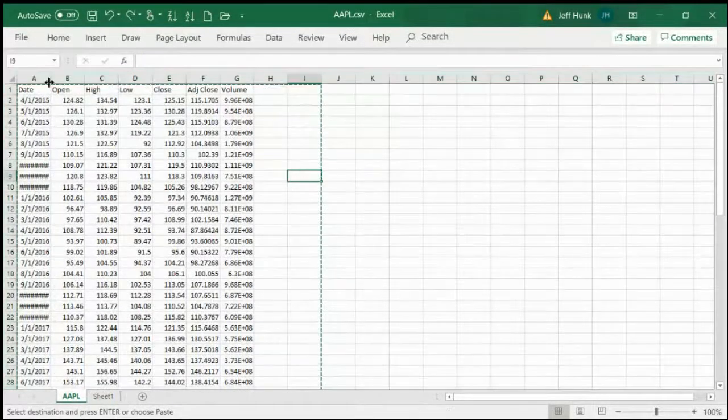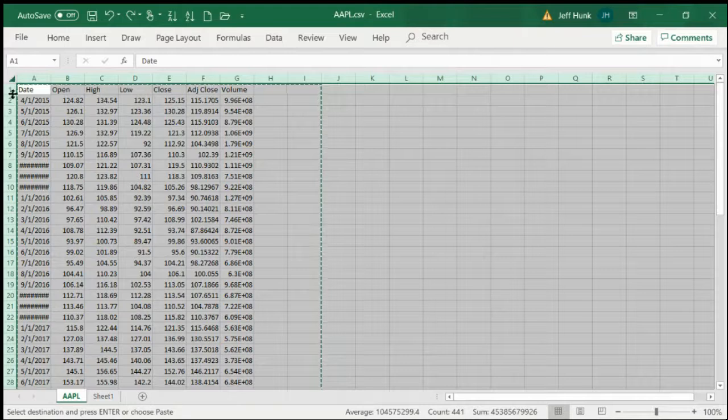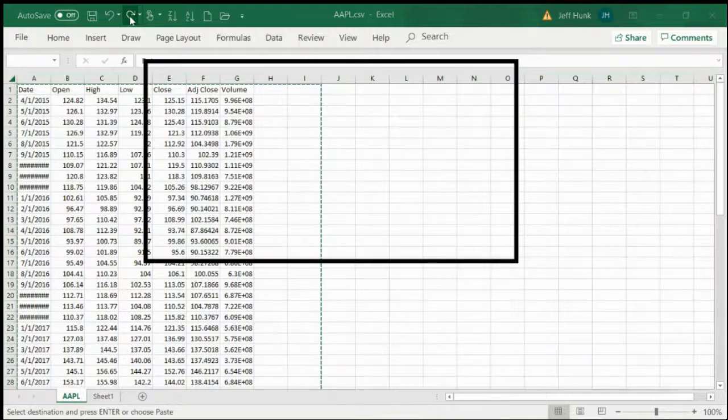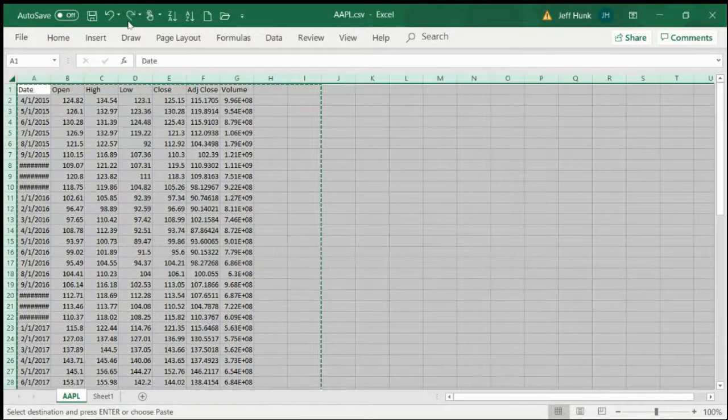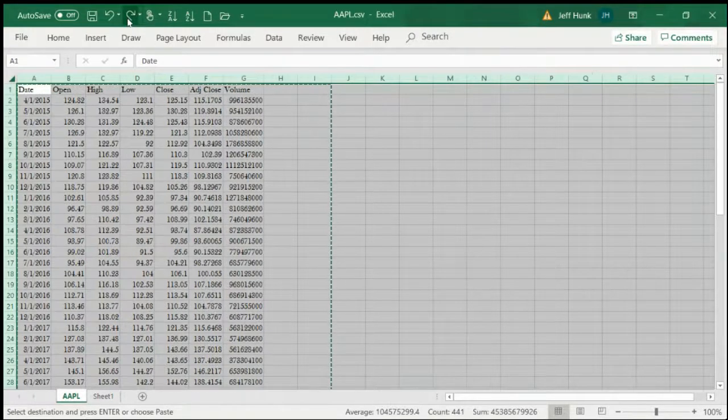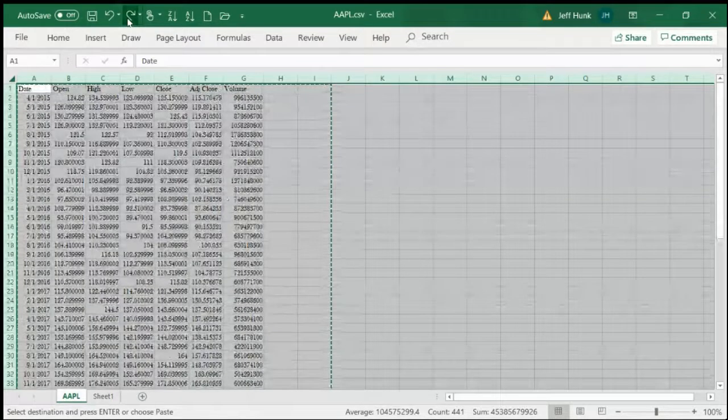So I downloaded the data, right? And then by clicking on this, I select the entire spreadsheet, and then I change the font.